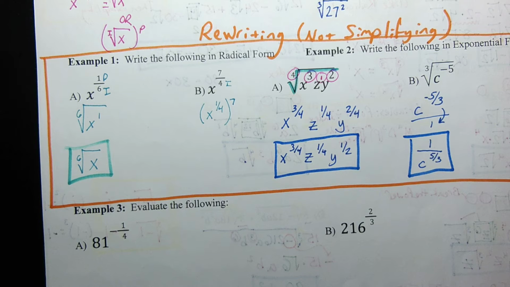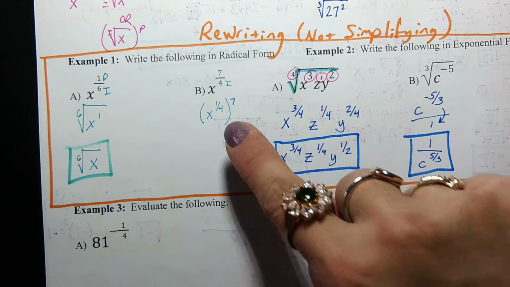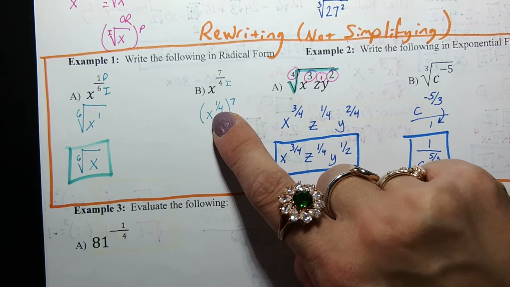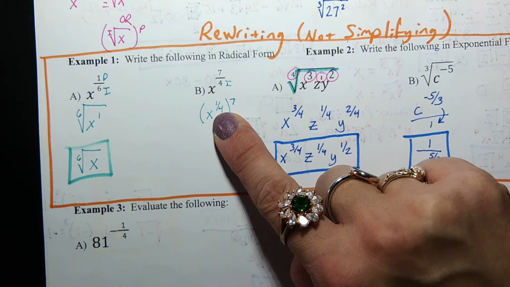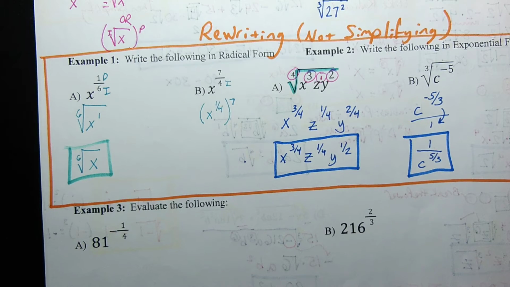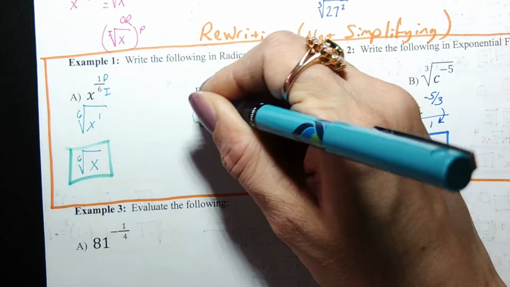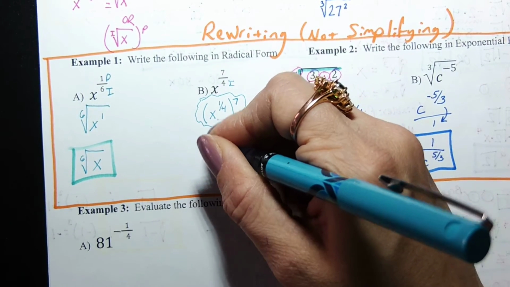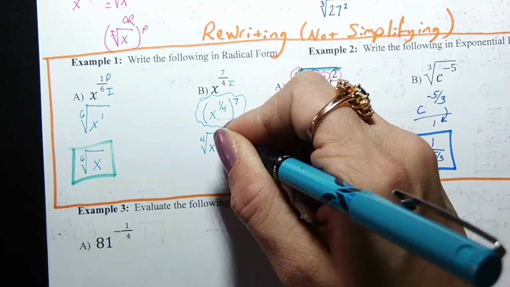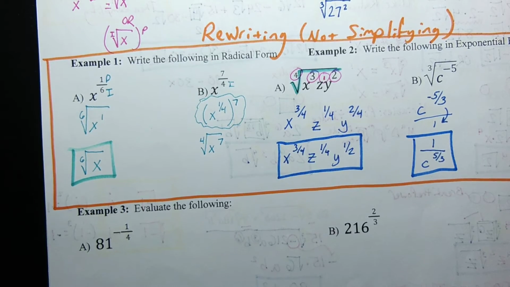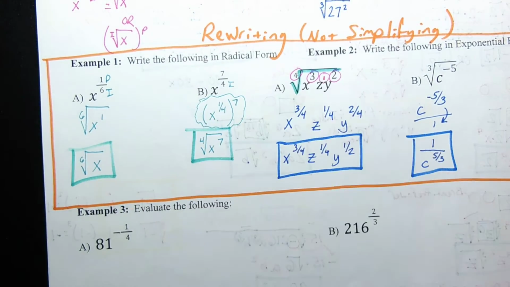It is. So if you wanted to, you could twist apart the power into kind of the denominator, which tells you the root. The 1/4 power will be the 4th root, and then the power of 7. So you can draw a little cloud around that. So the 4th root of x to the 7th, that would be one way of writing your answer.